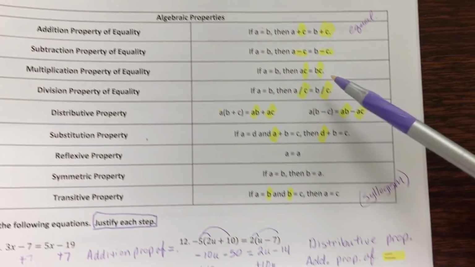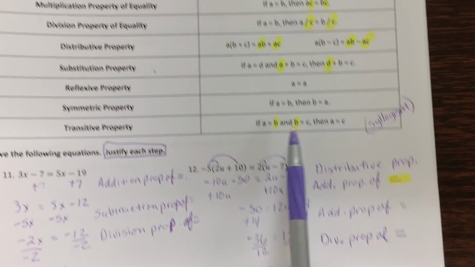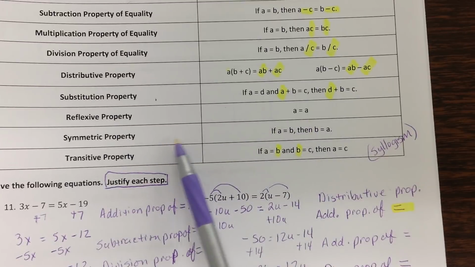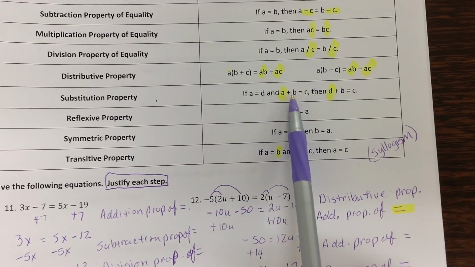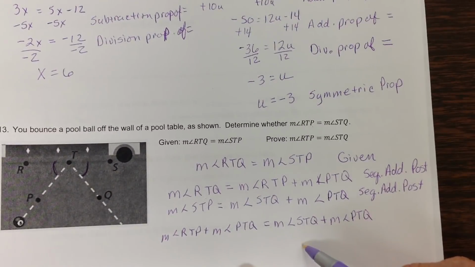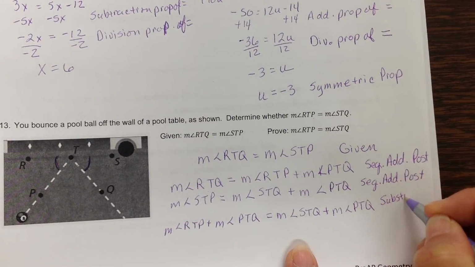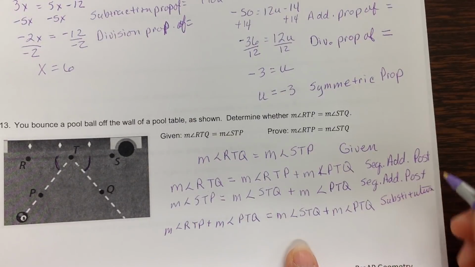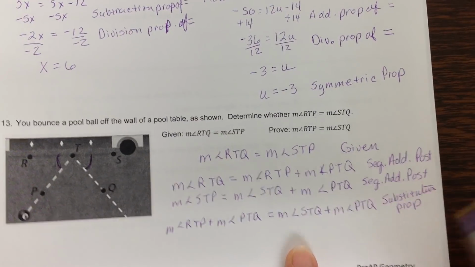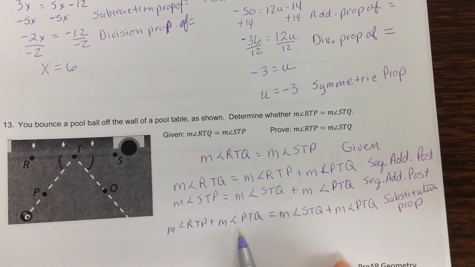If you're looking at the rules up here, I said, if I know that A equals D and A plus B equals C, then D plus B equals C. So what I'm really doing is substitution. So I use this by saying substitution property. Because I already know these are equal. I know this is equal to that, and this is equal to that. So these two things must be equal to each other. Okay? By substitution.